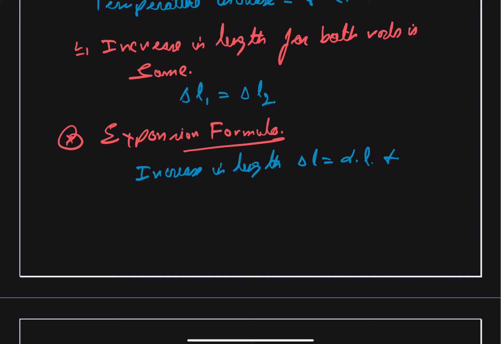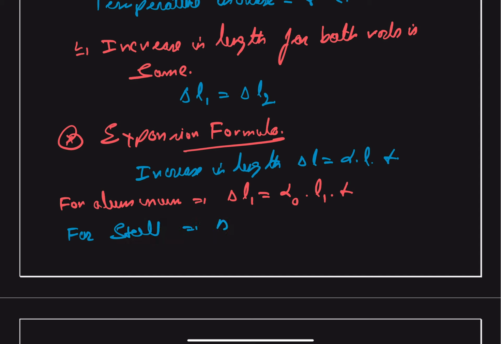For aluminium, delta L1 is equal to alpha A multiplied by L1 multiplied by T, and for steel we have delta L2 is equal to alpha S multiplied by L2 multiplied by T, and we are already given that delta L1 is equal to delta L2.